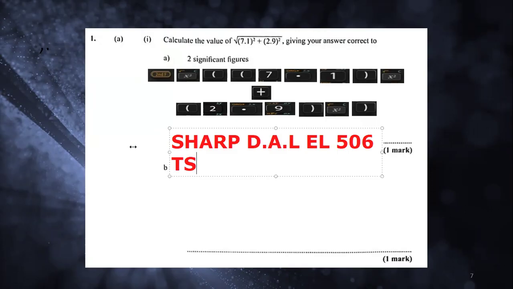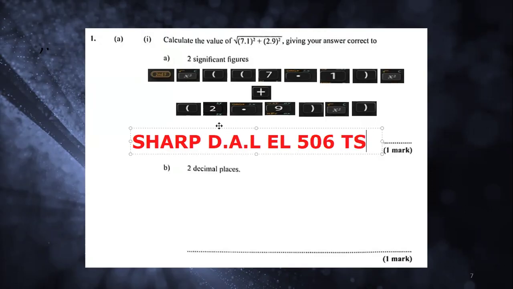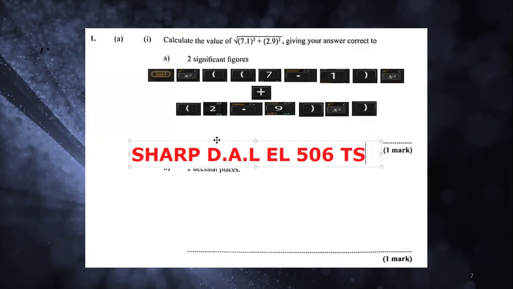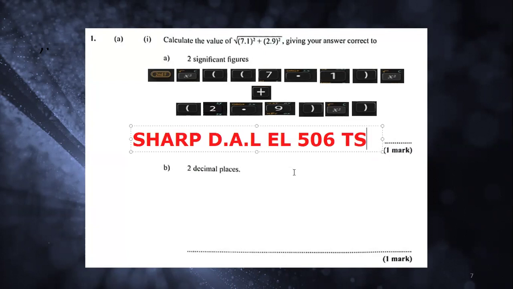Okay, you can get it at basically any retail stationery store throughout the country, wherever you are generally. And if you have a calculator just like this, you'll be able to enter it similar to here or exactly like this. If you don't have a Sharp calculator, don't worry about it. You find what works for your calculator. But this is the calculator that I recommend and I'll be using for this session.